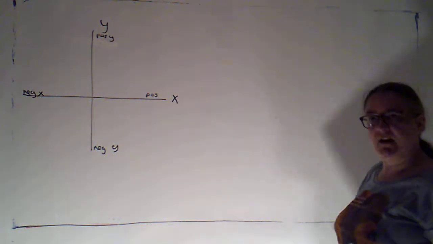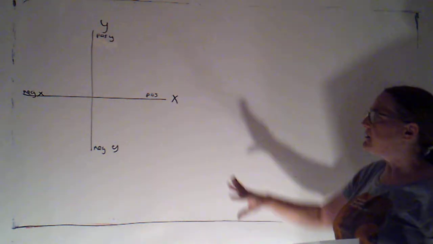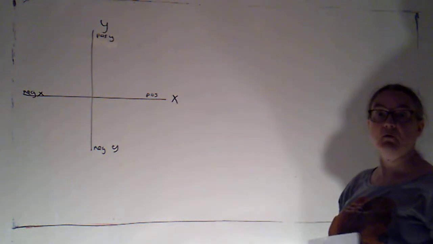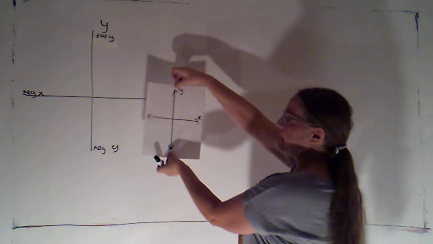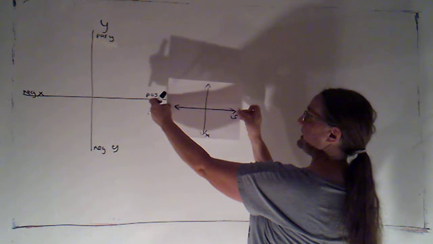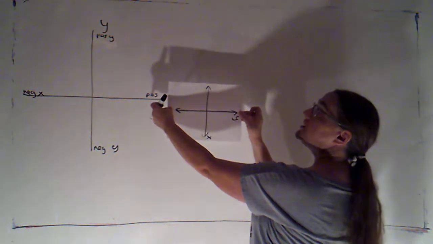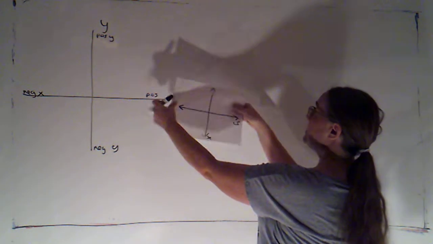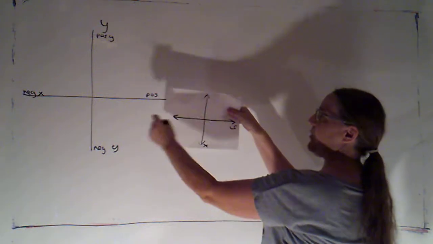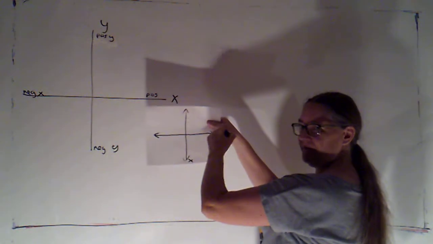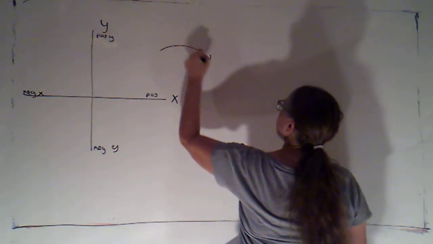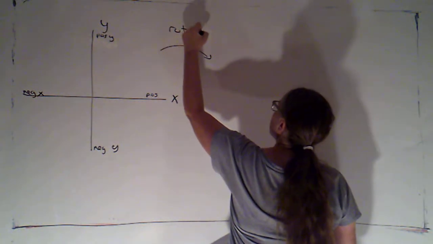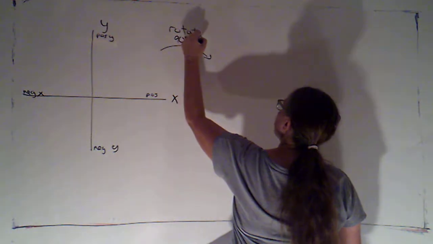Now what I want to try to do is see what it's like to just switch the roles of x and y. So the first thing I'm going to do is take this paper and rotate it 90 degrees to the right. When I do that, what I was calling the y-axis is now horizontal, and what I was calling the x-axis is now vertical.